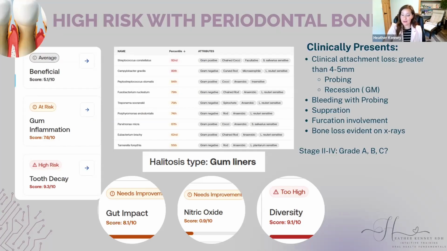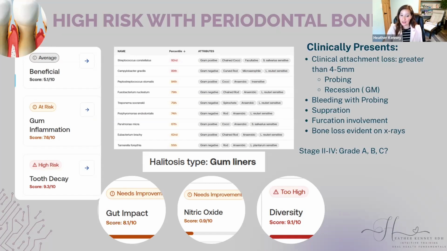Make sure that they're tongue scraping. We want the nitric oxide score high because if we don't have nitric oxide, we don't have good blood flow, and we're not going to have good cells coming to help us with the infection that's taking place.